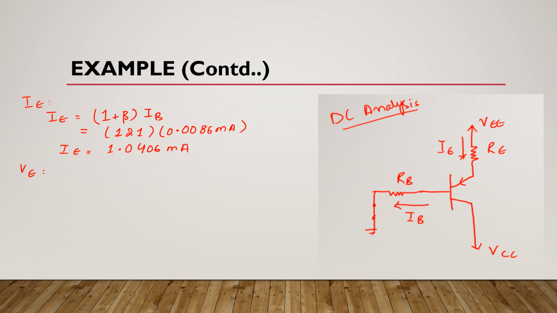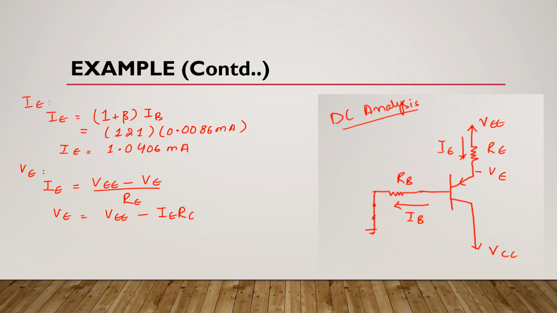We know that VE is here, and for VE we will use this formula. IE is equal to VEE minus VE divided by RE. It means VE is equal to VEE minus IE RE.